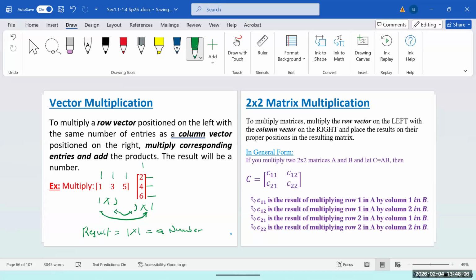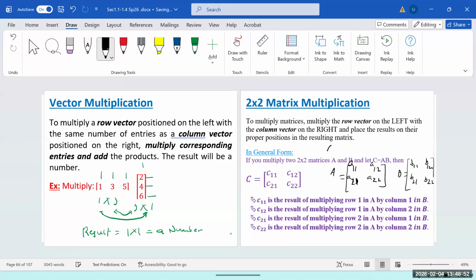Now let's see, you're multiplying two 2 by 2 matrices. Let's say we have A and B. So we have the 1 1 position, 1 2 position, 2 1 position, and 2 2 position. Same thing. So let's say this is A. And let's say in B we have B 1 1 position, B 1 2 position, B 2 1 position, and B 2 2 position.